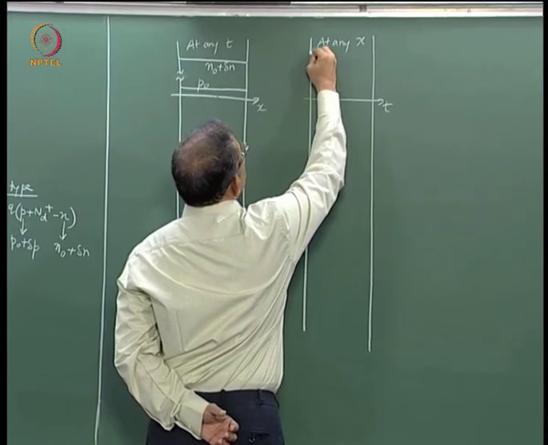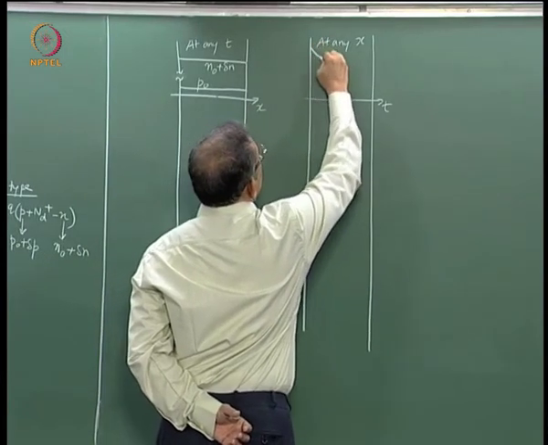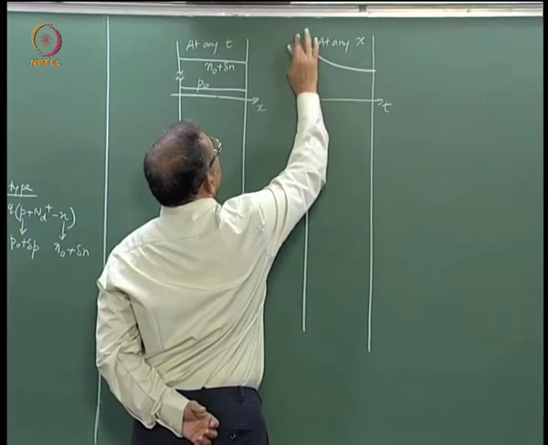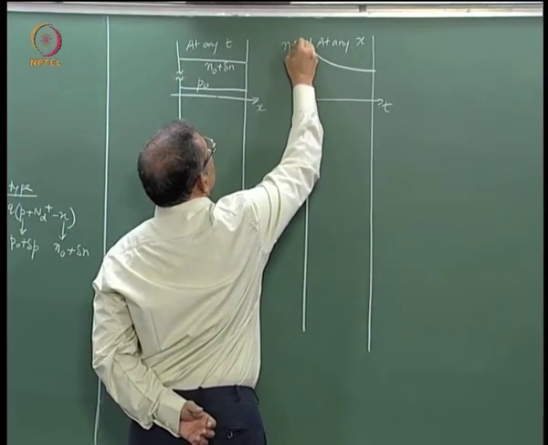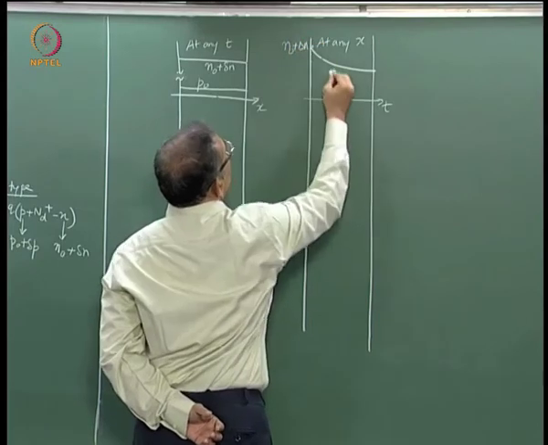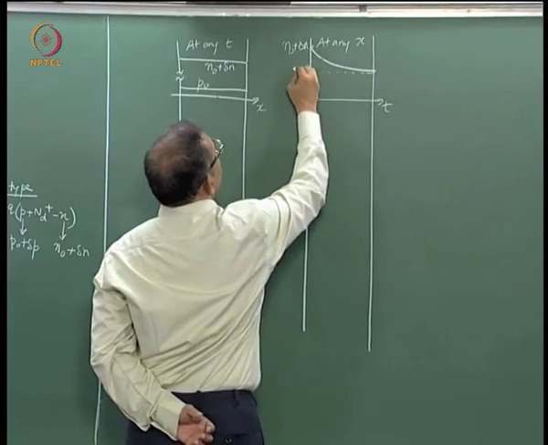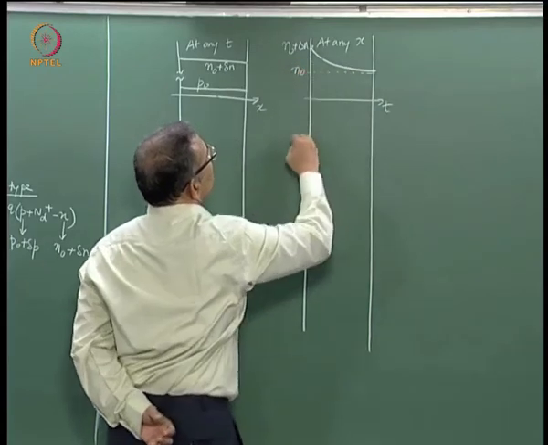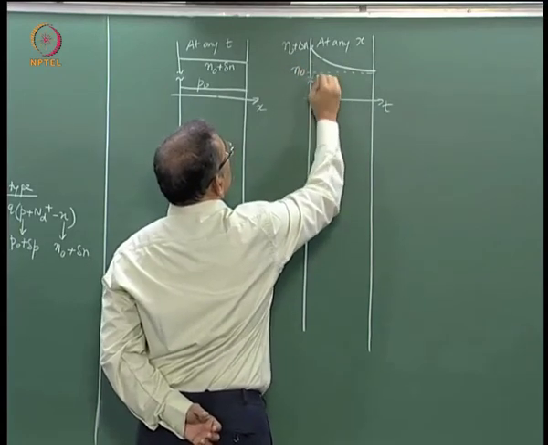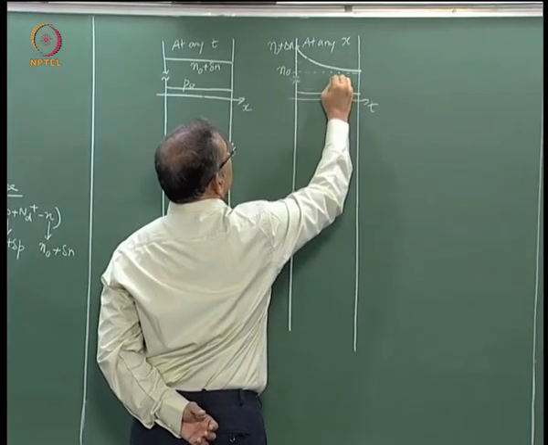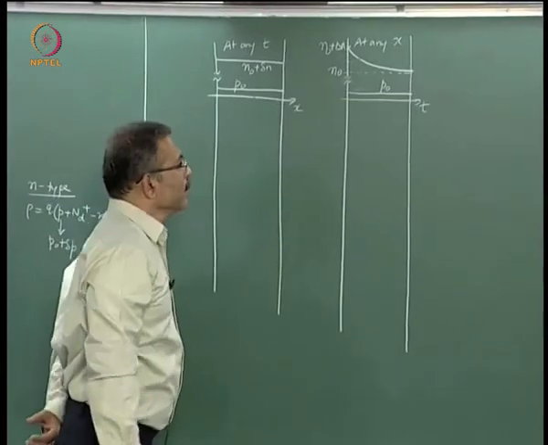So, it would be like this. This is n naught plus delta n at this point, and this is n naught. P naught, however, has no change, because we are not injecting any holes.